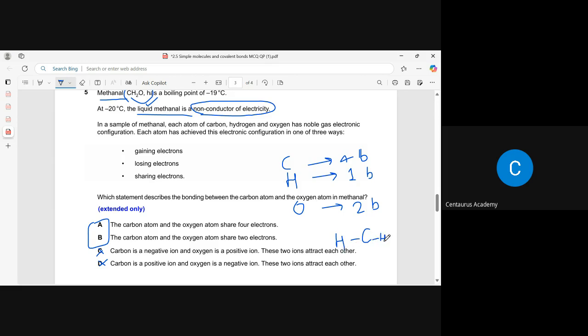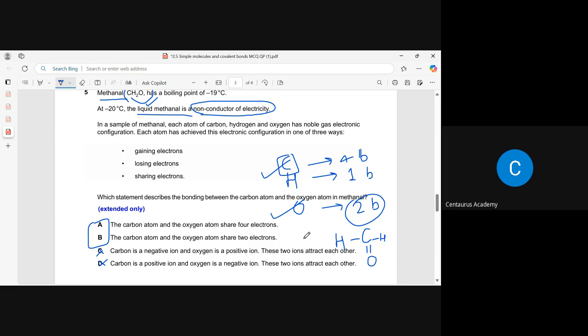This means 2 more bonds are left. Those 2 bonds will be formed with oxygen to fulfill its own noble gas configuration, and the remaining 2 bonds of carbon will be fulfilled as well. So this is going to be your displayed structure of methanol.